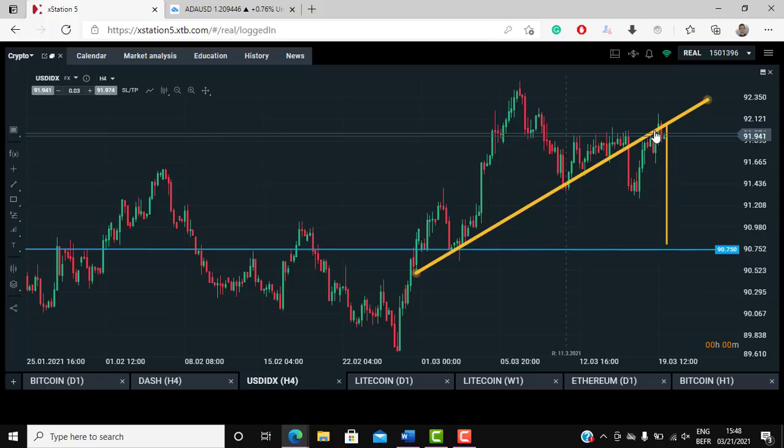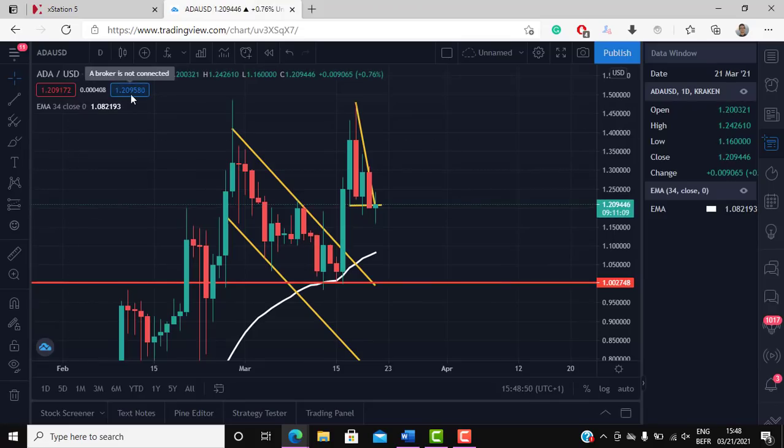However, we did backtest this neckline, and right now we are ready and set to keep moving down. We could see some choppiness at the beginning of the week, but eventually we will break down here. And if we do break down on the US dollar, this could be very, very positive news for the crypto, for the equities, for the markets in general.